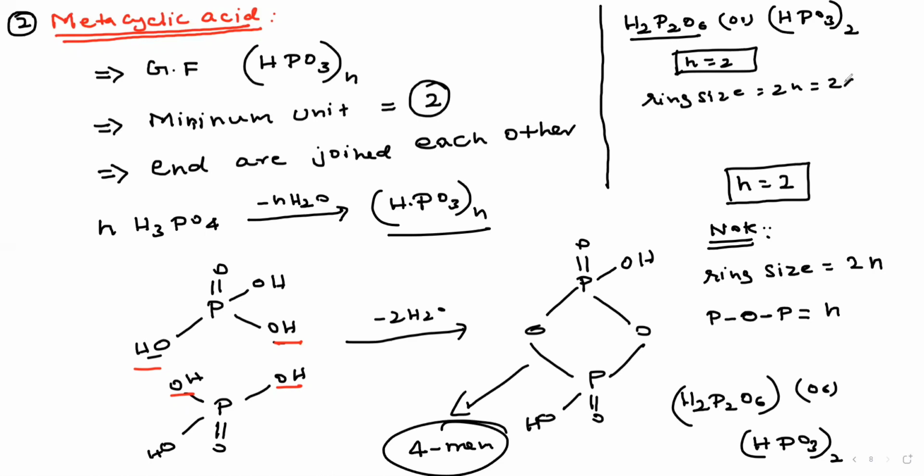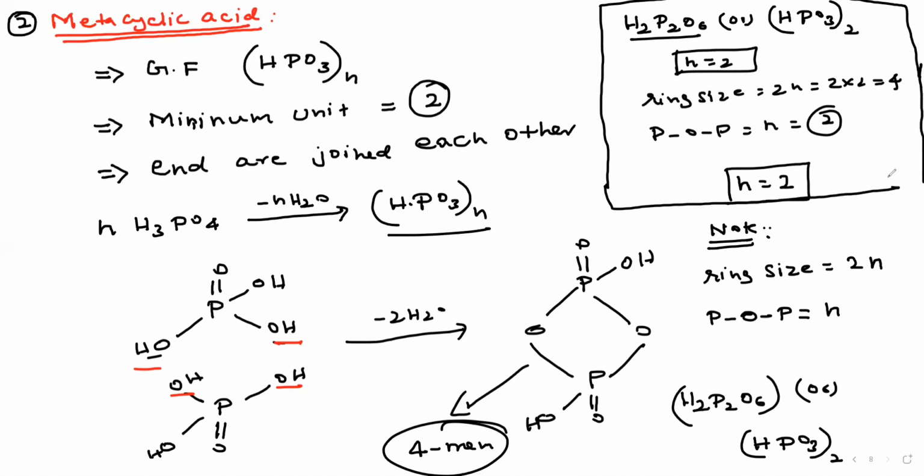Therefore, 2 into 2, the answer is 4. This is a 4-member ring. Now, how many P-O-P bonds? The answer should be n, therefore 2. For this (HPO3) twice, it should be a 4-member ring as well as 2 P-O-P bonds. This was a previous question from the JAM exam point of view. Please note. This formula is very, very important to find out how many ring members and how many P-O-P bonds.